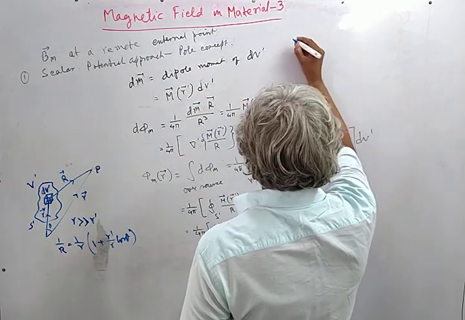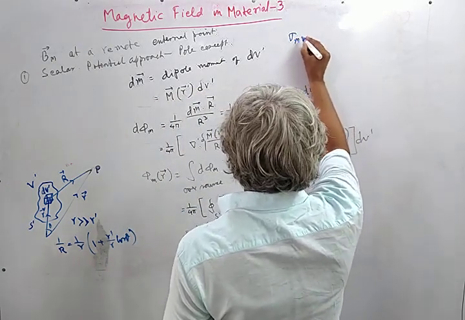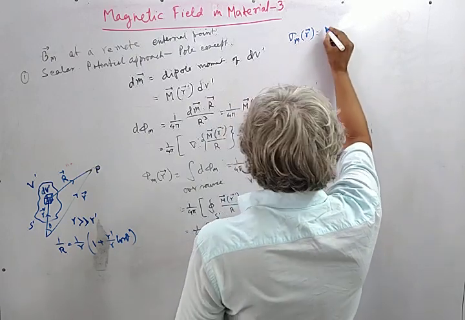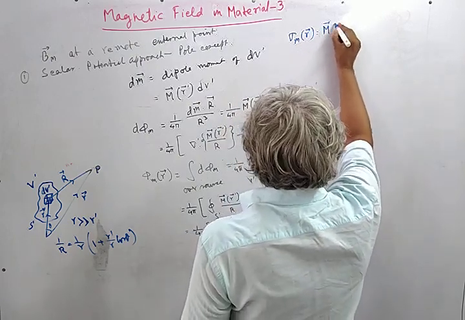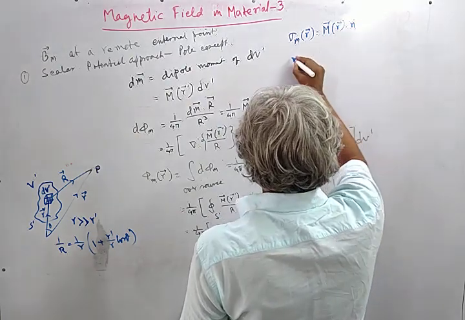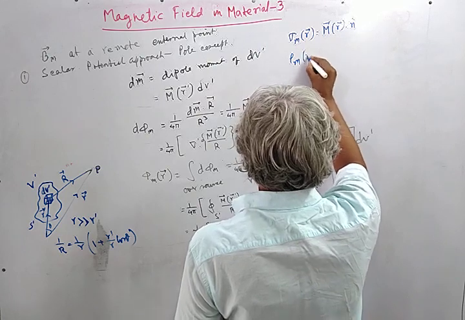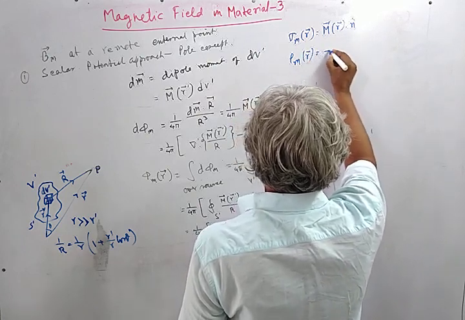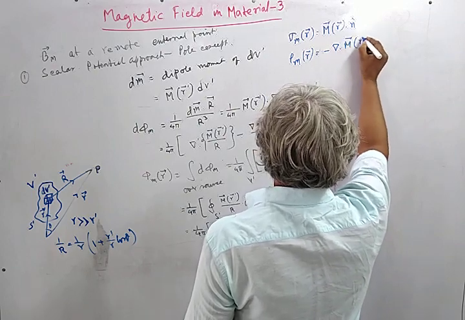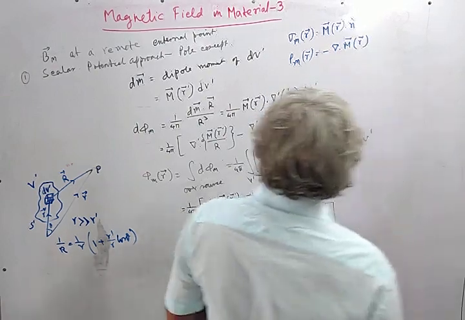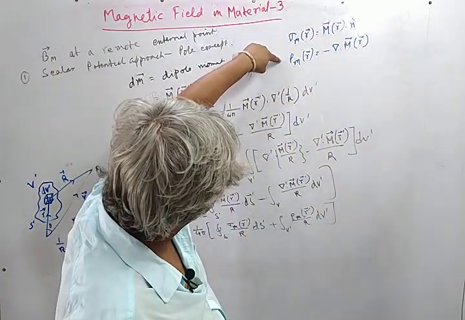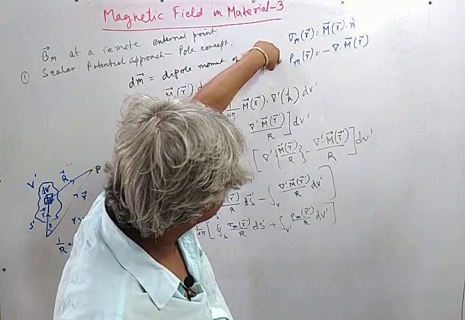Magnetization pole densities sigma m at R is the unit normal vector. So this is the surface magnetization pole density and this is the volume magnetization pole density.